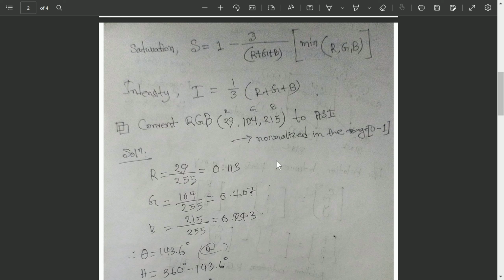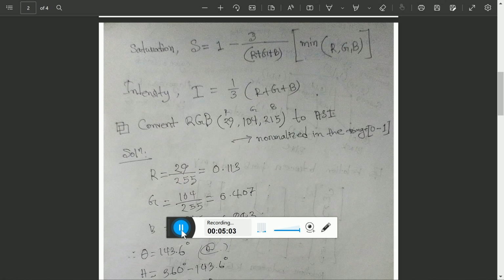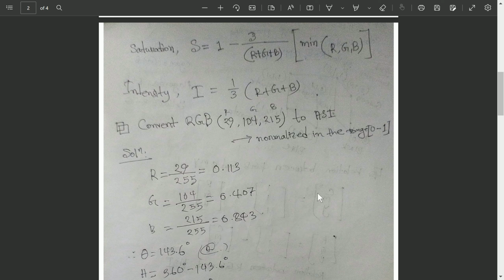So now we have an example. In this example we can see the values of RGB are given, and we need to convert this RGB to the HSI model.